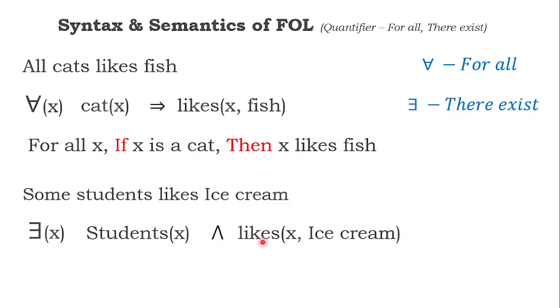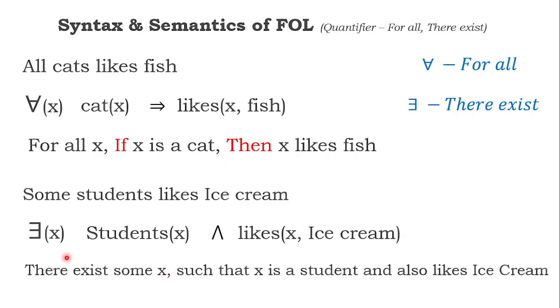Writing this statement is a little complicated. There exists some x such that x is a student and x likes ice cream. Whenever you use there exists, you should bring such that. Since I use the word and, this x is included, so x also likes ice cream. That is the meaning.